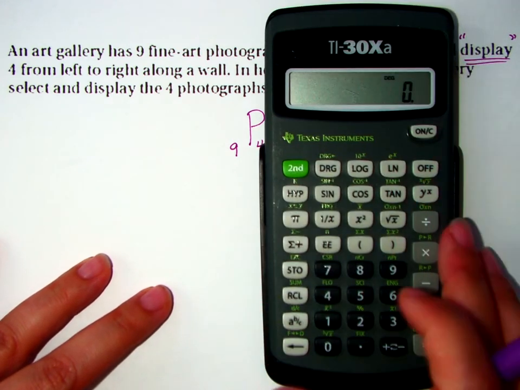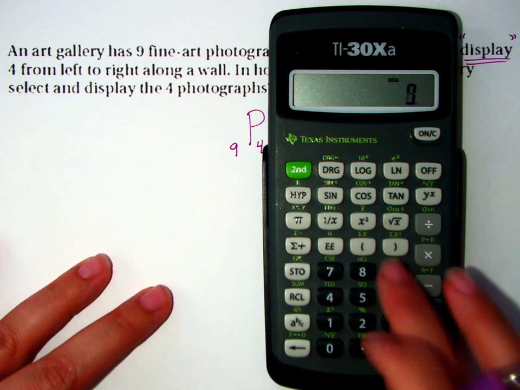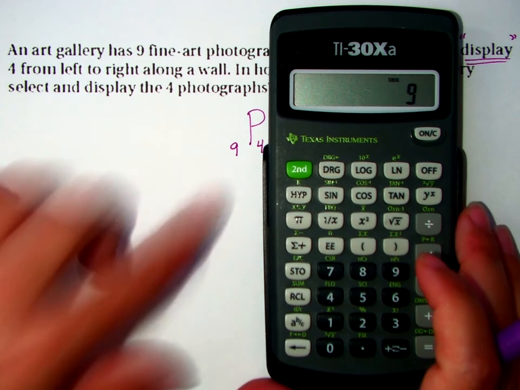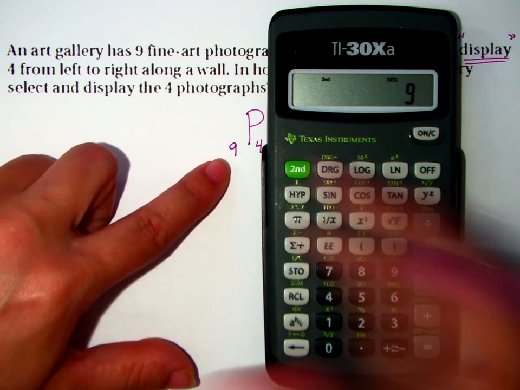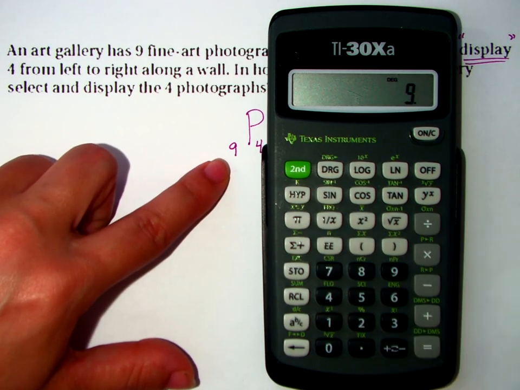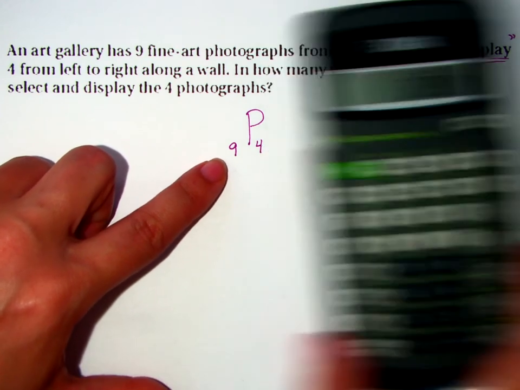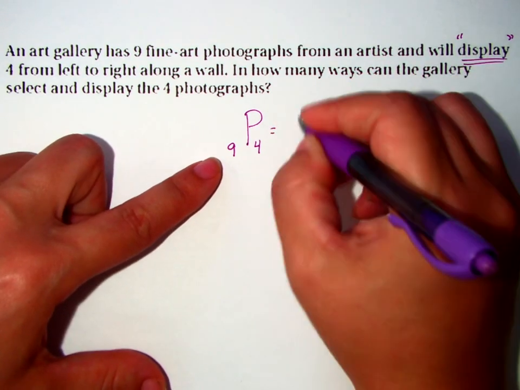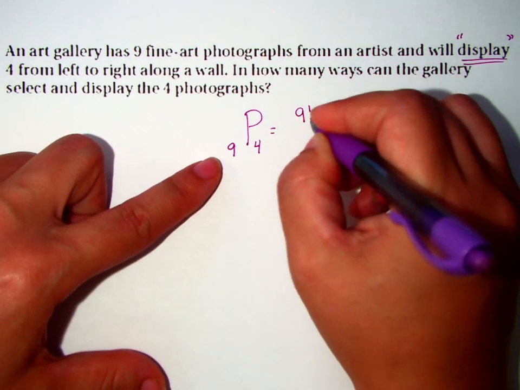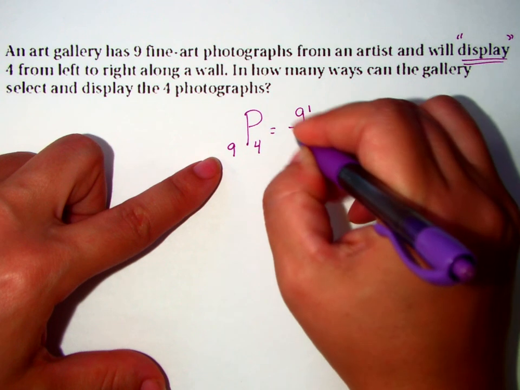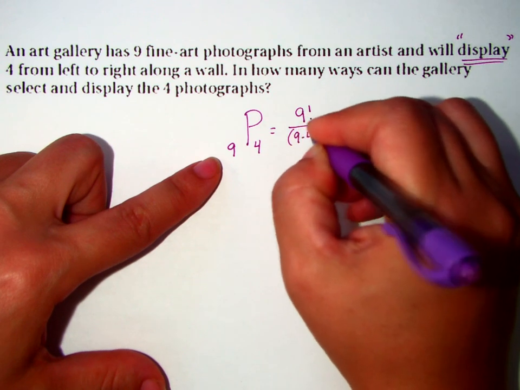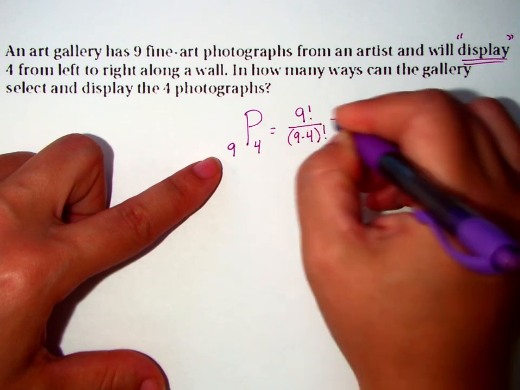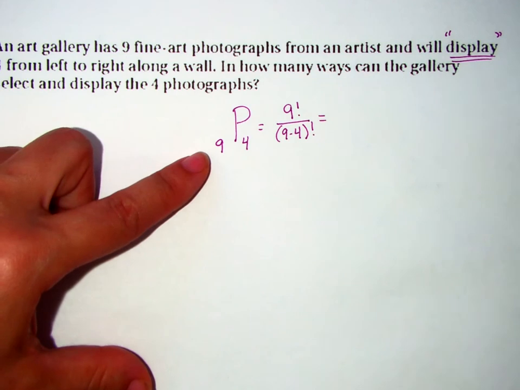With our calculator on, we can do 9, that's my n, and then second permutation, and then 4, and I get 3,024. That's the fast, easy way. The other way is 9 factorial over 9 minus 4 factorial, and then you can just line them up.